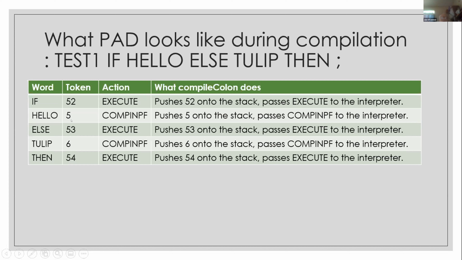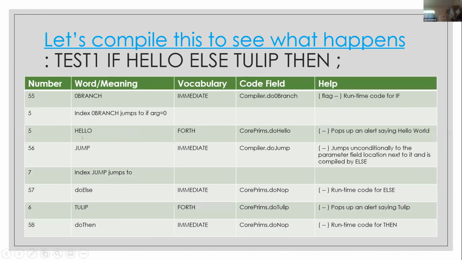Hello, that's token number 5. That's position 5 in the dictionary, or address 5, and has a comp-and-PF action. 5 is pushed onto the stack, and it passes comp-and-PF to the interpreter. Else, token 53. Okay, I got ahead of myself.